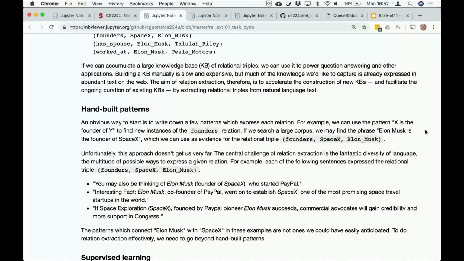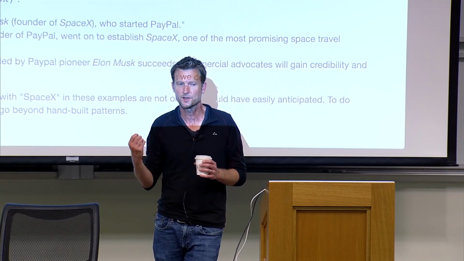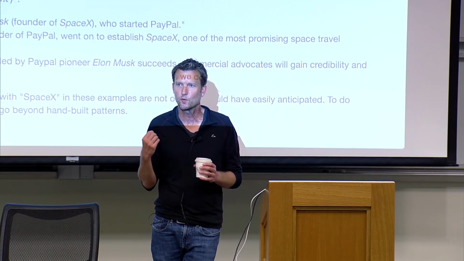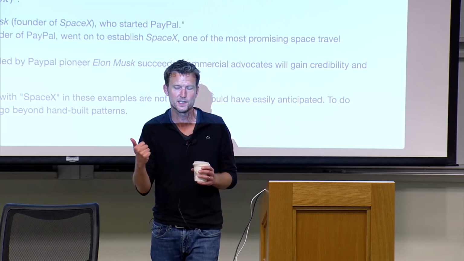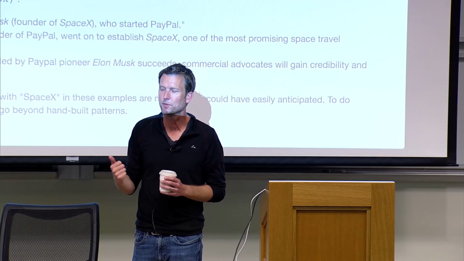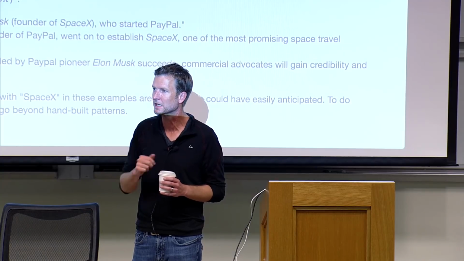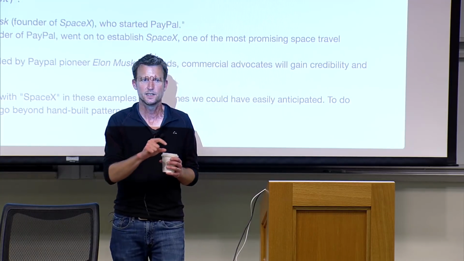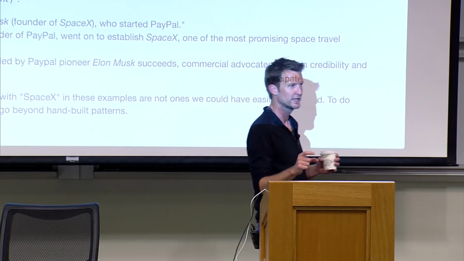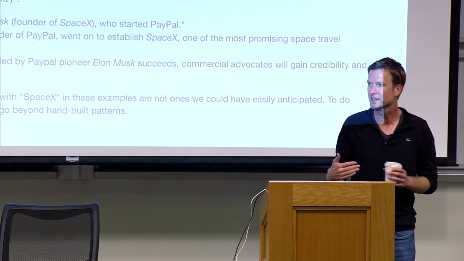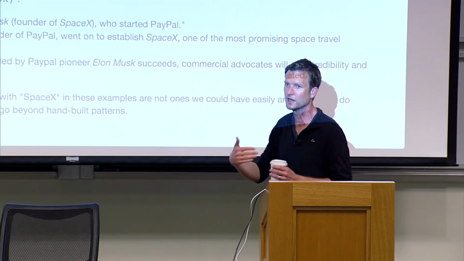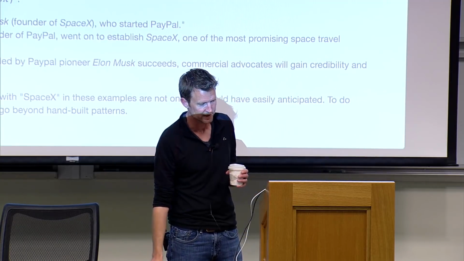And so the result of adopting this approach is, even if you manually engineer lots of patterns and try to make them general by using regular expressions, you're going to wind up with a system which might have high precision, but it's inescapably going to have very low recall. There's going to be lots and lots of sentences which express a relation but don't match any of your patterns, and you're just going to miss those. You're not going to have the opportunity to do those extractions.